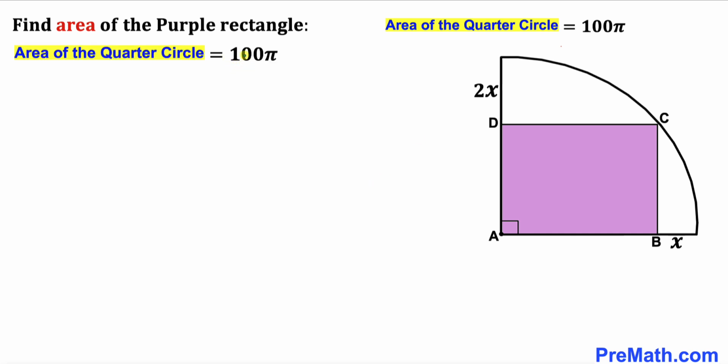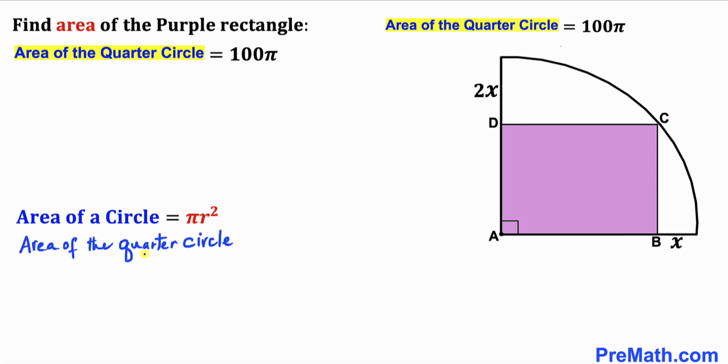We know the area of this quarter circle is 100 pi. Now let's recall the area of a circle formula: area equals pi r square, where r is the radius of the circle. Therefore, the area of this quarter circle is going to be this divided by 4, so pi r square divided by 4.